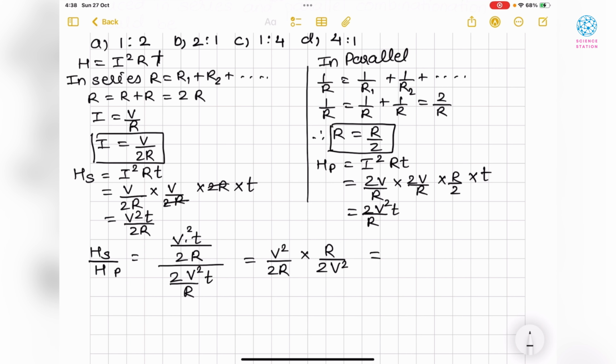So V square cancel, R cancel, so that will be 1 upon 4. So therefore I can say HS is to HP, that is ratio of series to parallel, will be 1 is to 4.